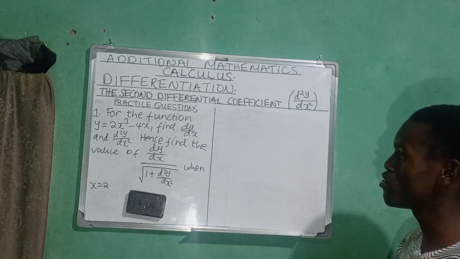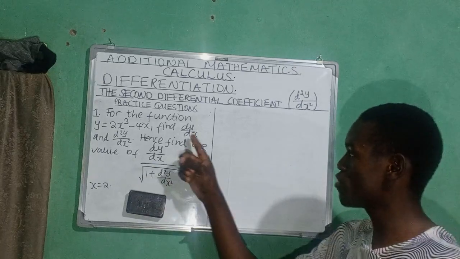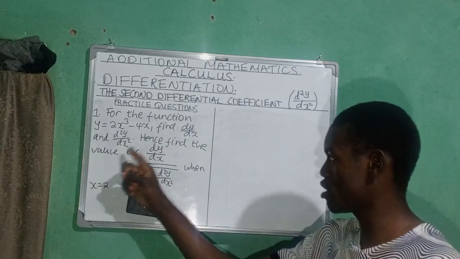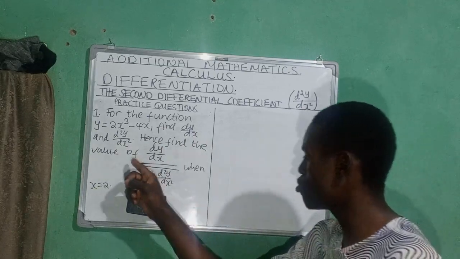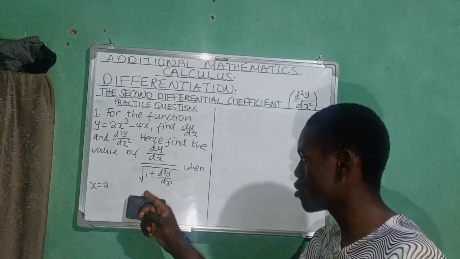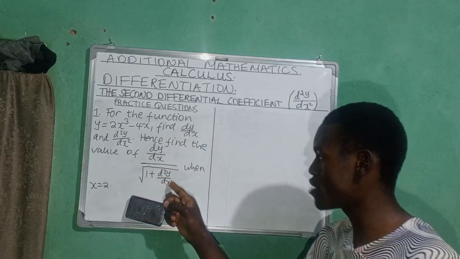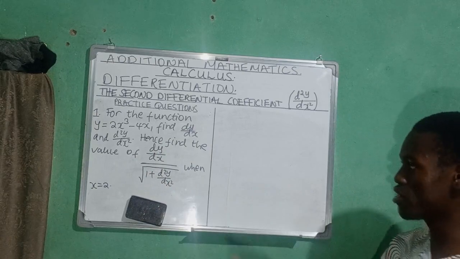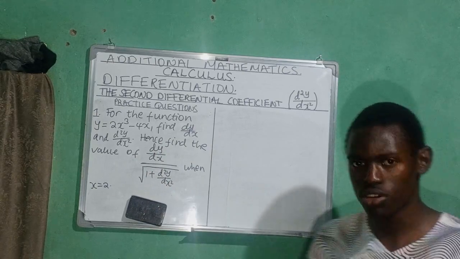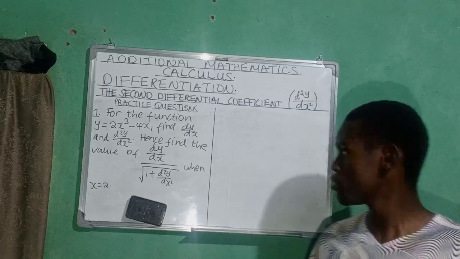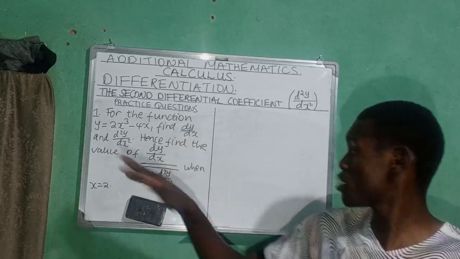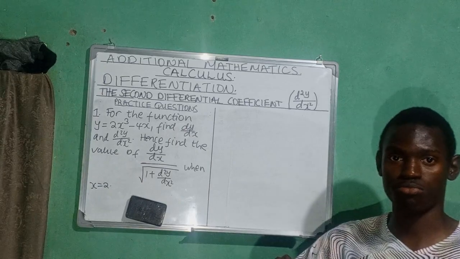For the function y is equal to 2x cubed minus 4x, find dy/dx and d2y/dx2. Hence, find the value of dy/dx divided by the square root of 1 plus d2y/dx2 when x is equal to 2. So, there are two things we have to do. We find dy/dx and then we find d2y/dx2.